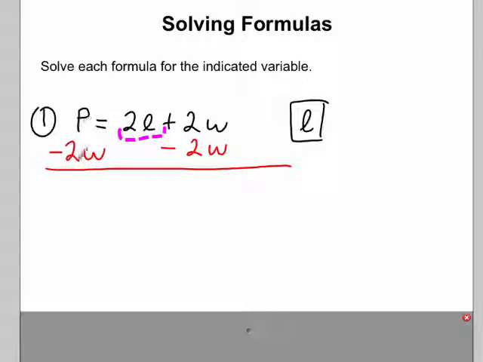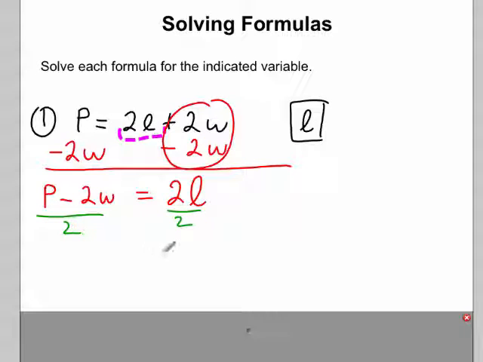All right, well, P minus 2W, since they're not like terms, the best I can do is leave it like that. Equals, this is 0, and so that's 2L. And then to get my L alone, I need to divide both sides by 2. And so I'm just going to put my L on the left because I like it there.